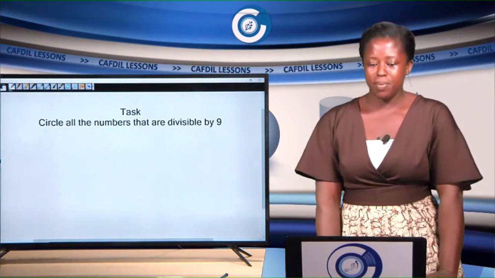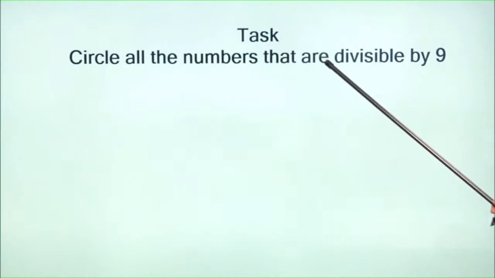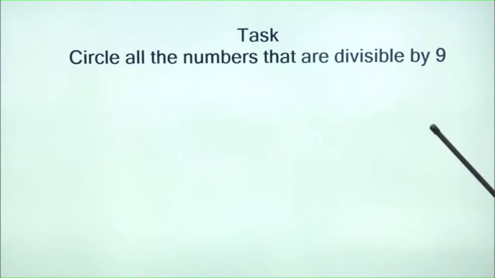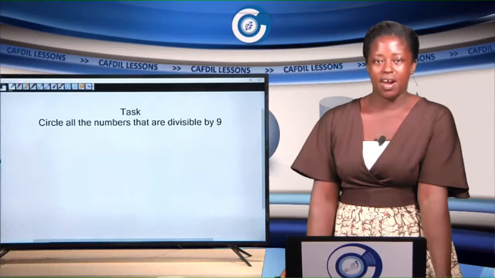Circle all the numbers that are divisible by 9. I will give you some numbers. You circle all the numbers that are divisible by 9. And these are the numbers. As I write, you also write it in your book. And you do it when you are free.